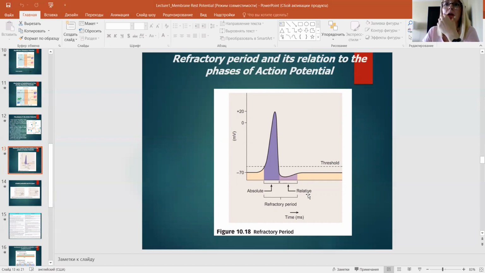What does it mean? It means that during the relative refractory period, the cell can react to other stimuli which are higher than the threshold, which are called supraliminal stimuli. And if we compare the relative refractory period to the absolute refractory period, in case of the absolute refractory period, the cell cannot react to any other stimuli at all.